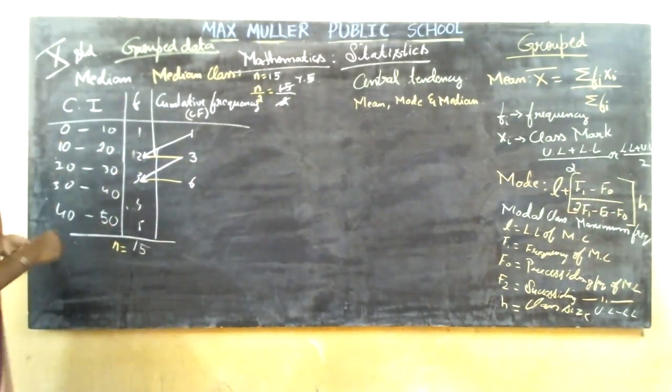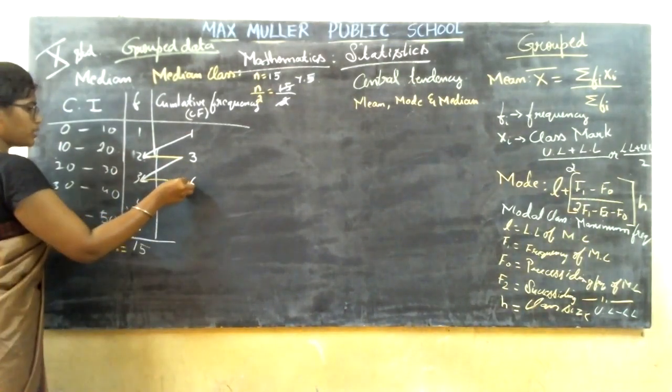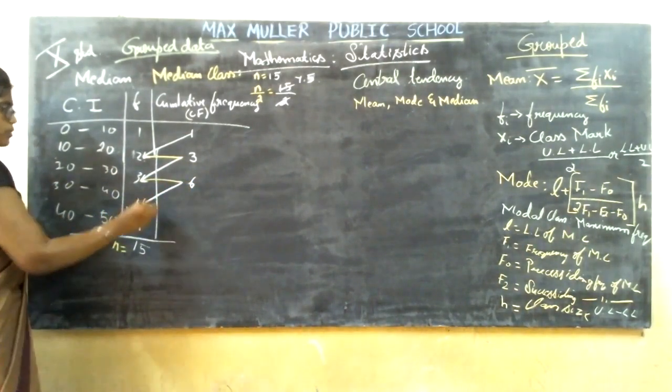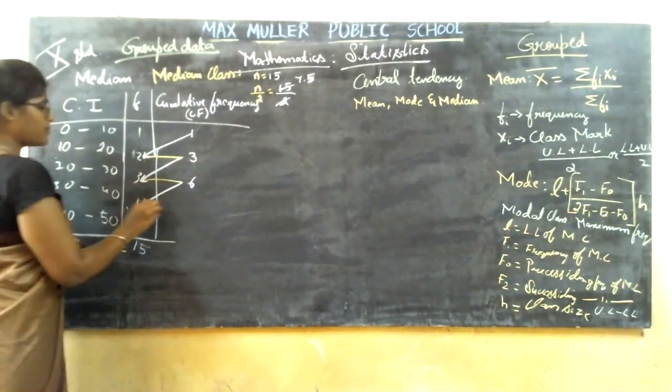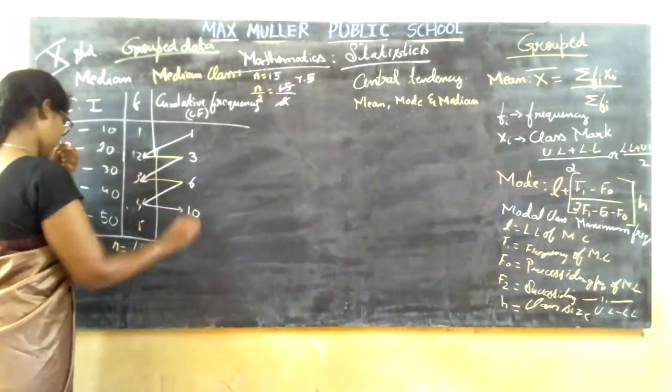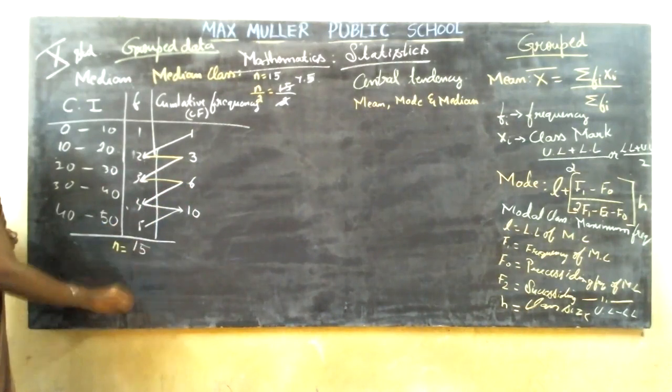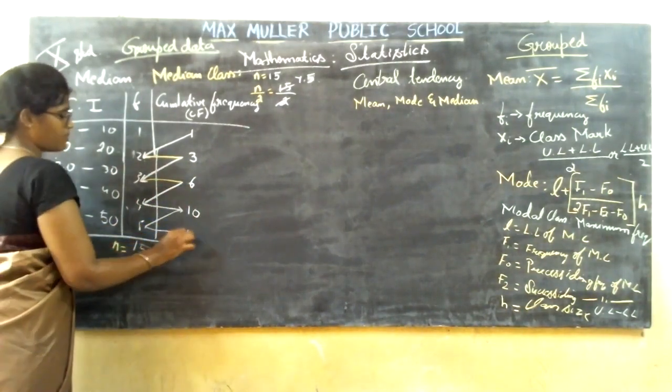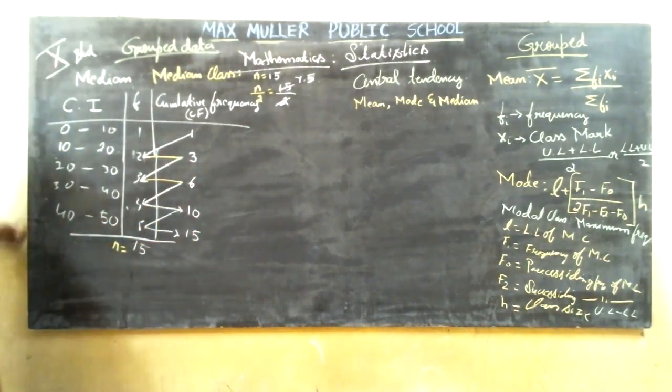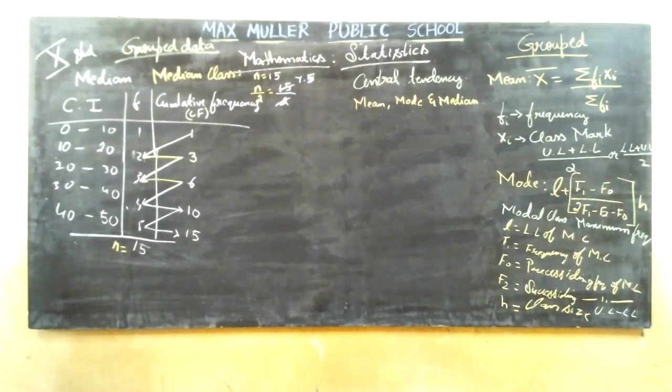Then 6 plus 4 gives you 10. Next, 10 plus 5 is 15. Did you understand how to take the cumulative frequency?